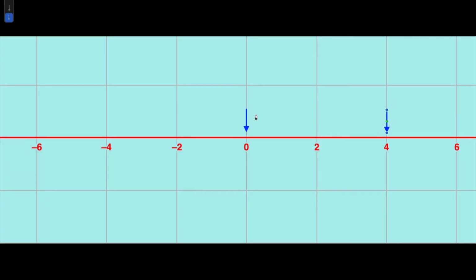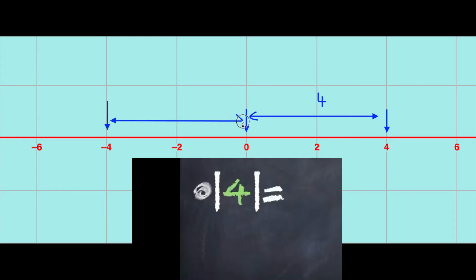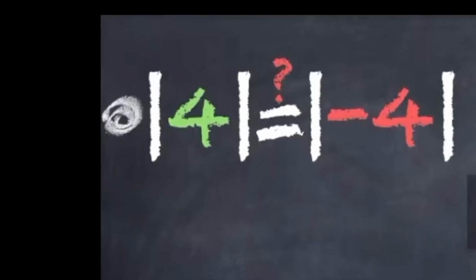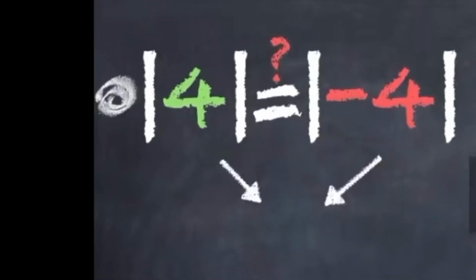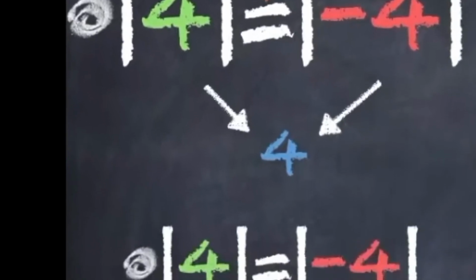Now, what is the absolute value of 4? This is the distance of 4 from 0. So it's 4. And if we want to find the absolute value of negative 4, we look at the distance of negative 4 from 0. So the absolute value of both of them is 4. Right. As you can see, these two absolute values are equal because both of them are 4.